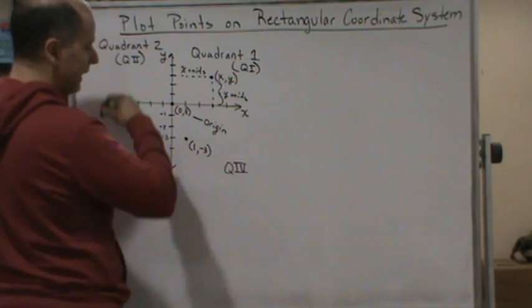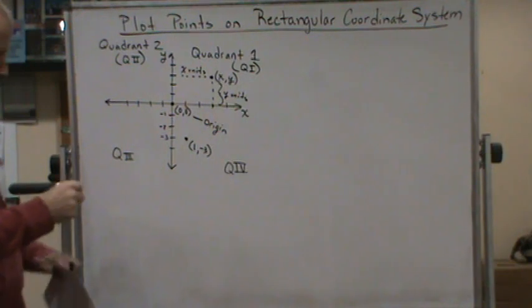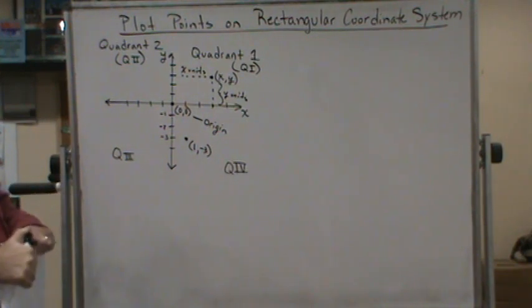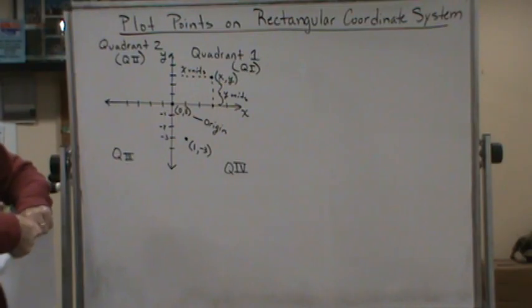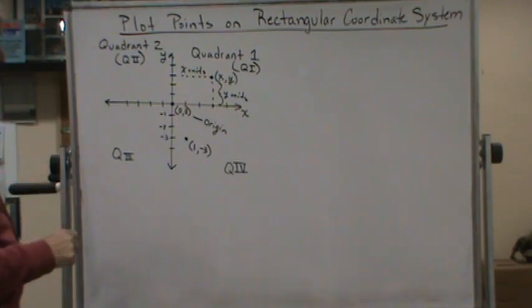Any point on the rectangular plane can be described uniquely by an ordered pair.